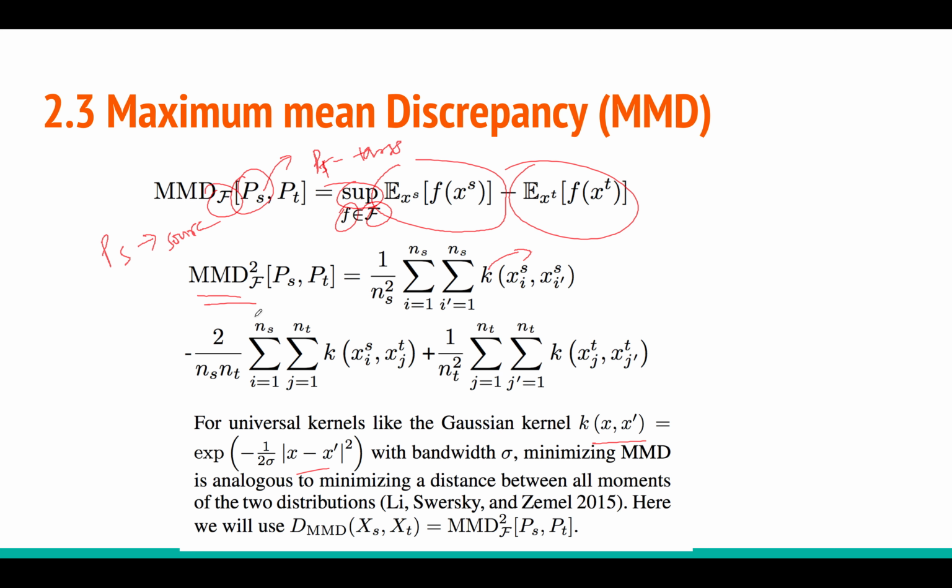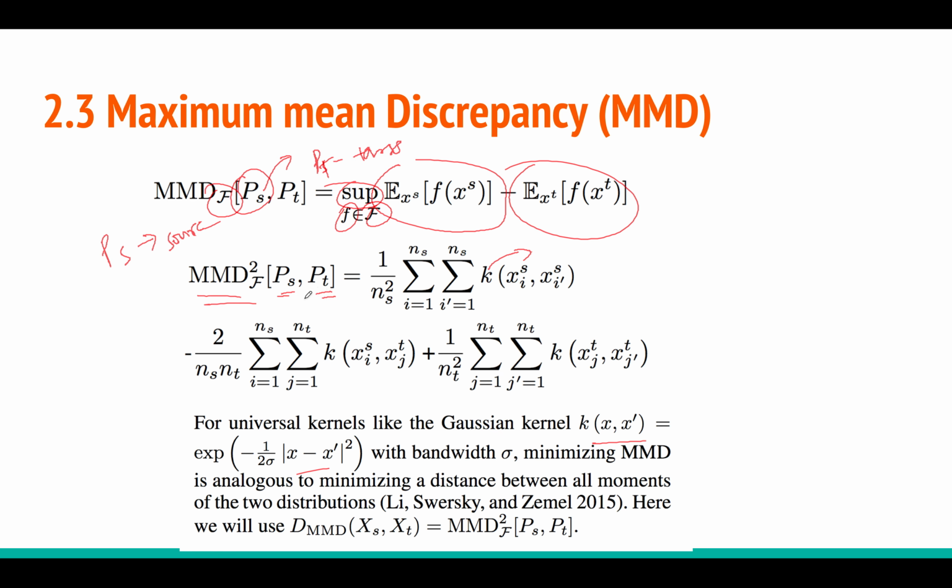This is actually proven in that GMMN paper I am talking about, how they use Gaussian kernels to approximate this function, and this loss can be used to train your neural network. Minimizing this loss will make the distributions PS and PT much closer, right? It's just like other loss functions.